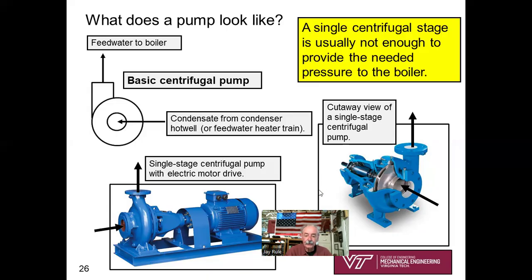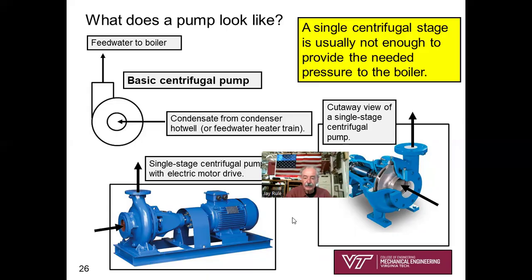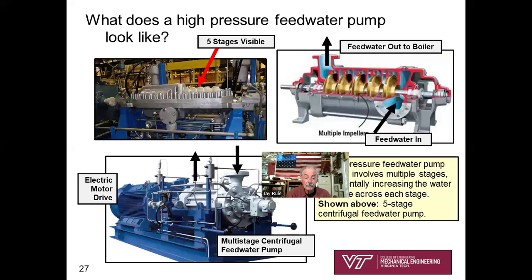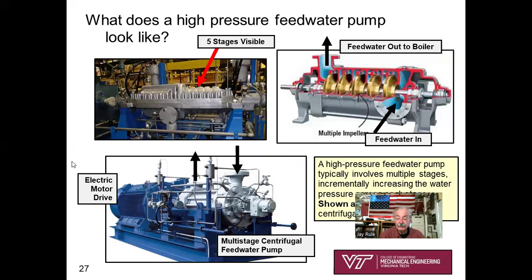And so in the real world of feed water pump needs, we are always running multiple stages of centrifugal pumps. So this is an example of what a multiple stage centrifugal boiler feed water pump looks like, even though your sketch can just look like the centrifugal pump schematic you've been trained to do.